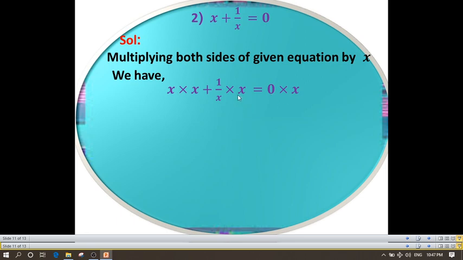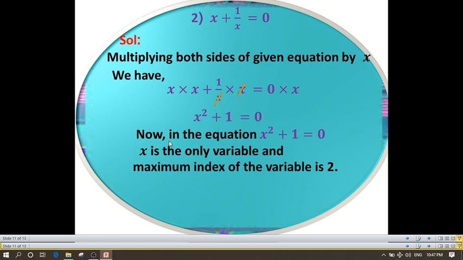Here x cancelled, we get x into x, that is x square plus 1 equal to 0. So here x square plus 1 is equal to 0. x is the only one variable and maximum index of the variable is 2. Therefore it is a quadratic equation.